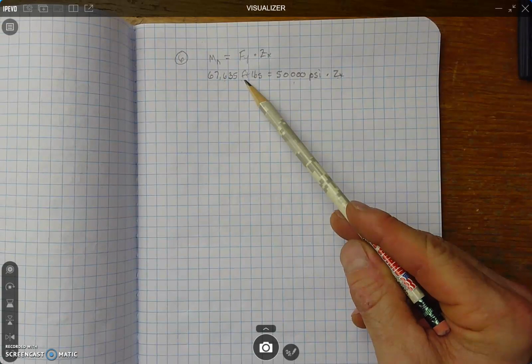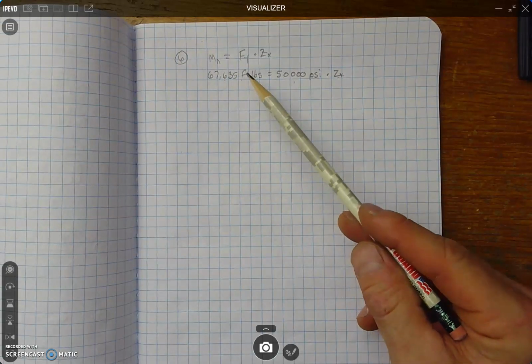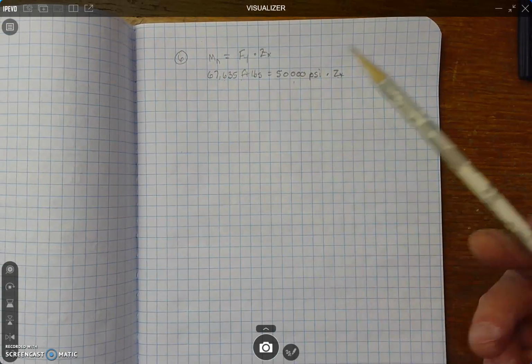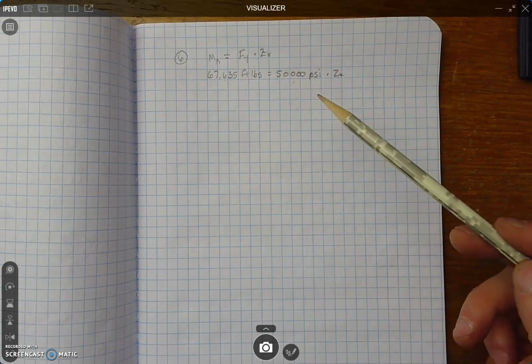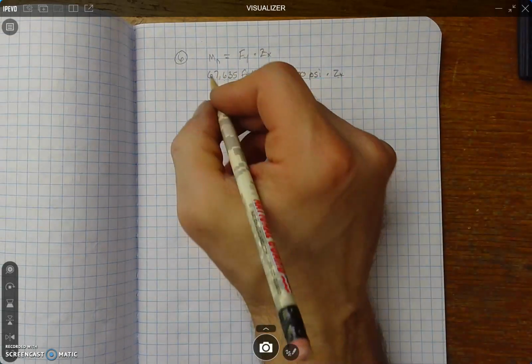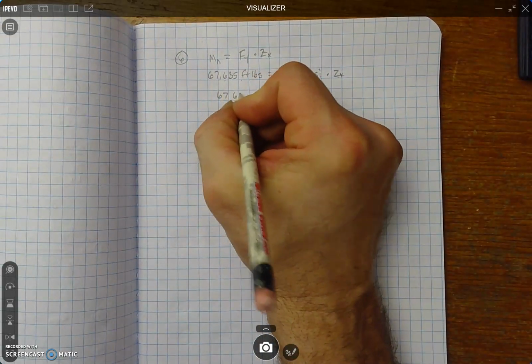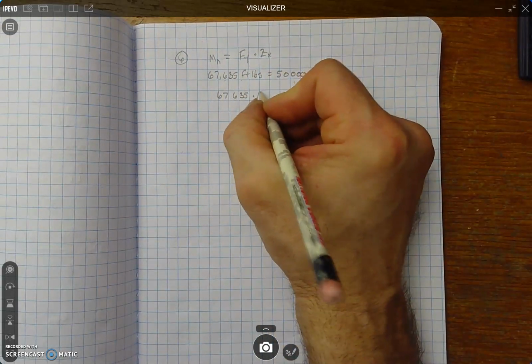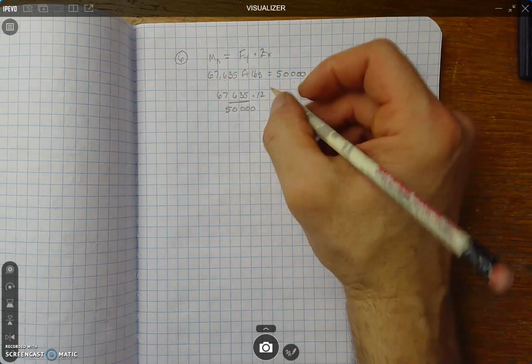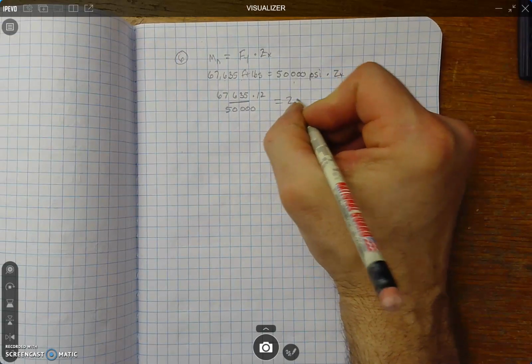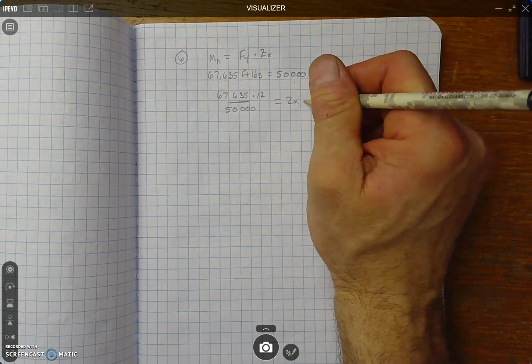Because of unit issues. So it's not really worth me going through all the math. I can do that another time. But what we're going to do is we're going to take 67,635 times 12 and then divide it by 50,000. Okay? And we will come up with Zx, and this will be in inches cubed.